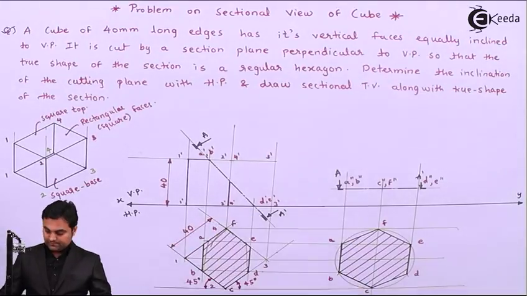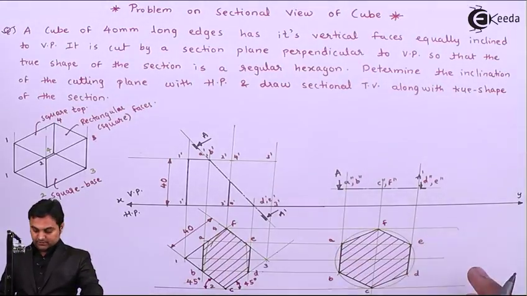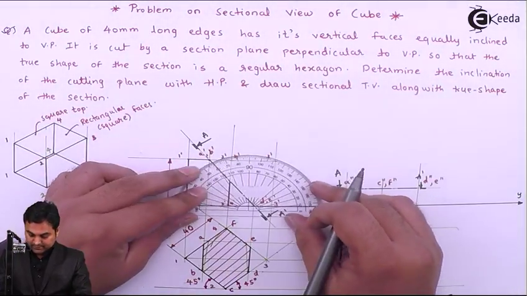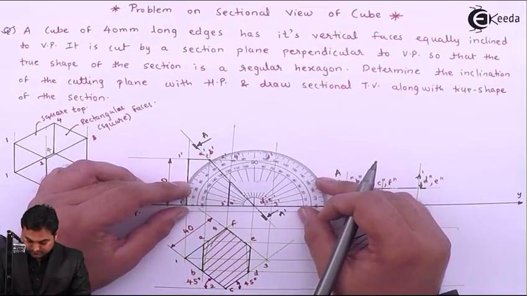The 40 mm long edges, and we have to find the inclination with HP of this cutting plane, and that inclination is, it is coming out to be 53 degrees.